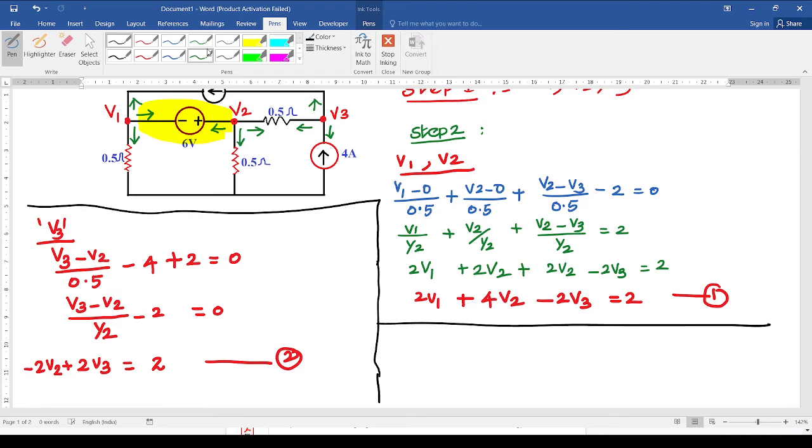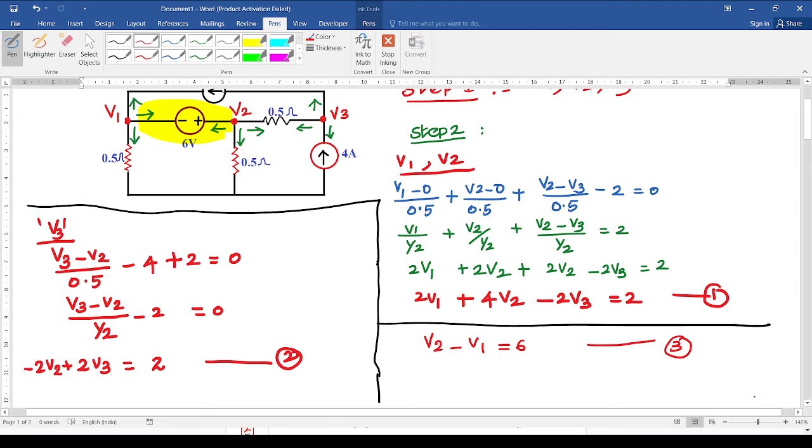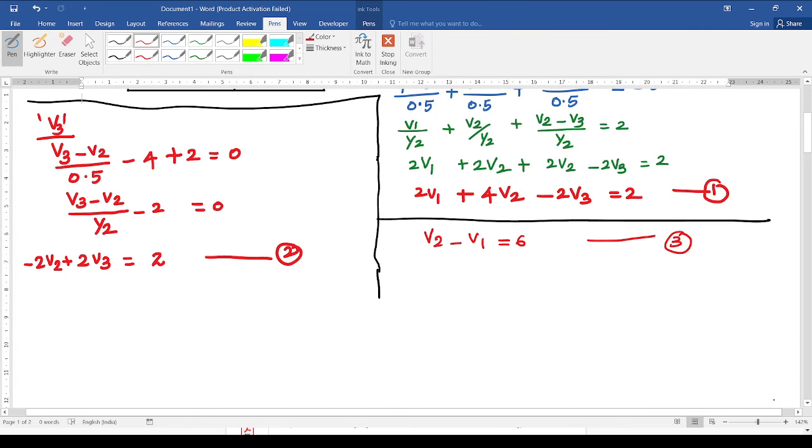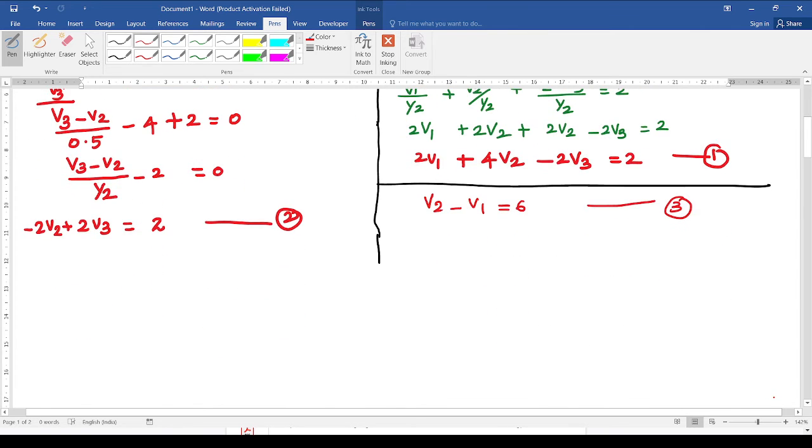How to write the equation? V2 is connected to the positive terminal, so plus V2, minus V1 for the negative terminal, equal to 6. So V2 minus V1 equal to 6. This is equation number 3. These are the three equations obtained from the circuit.